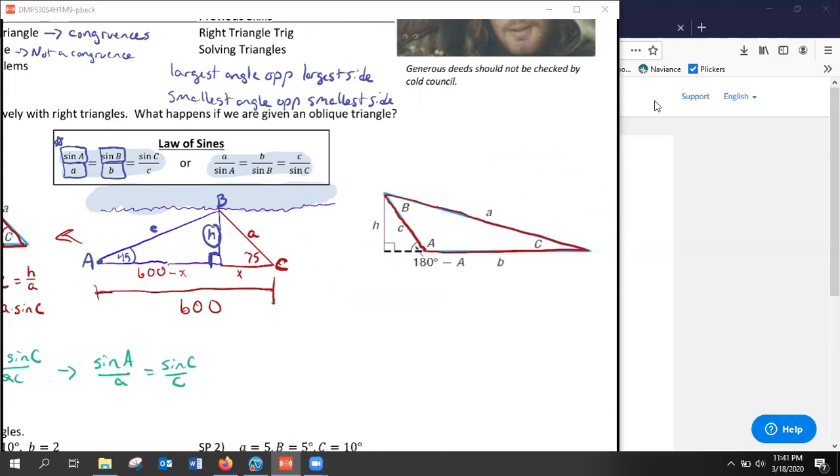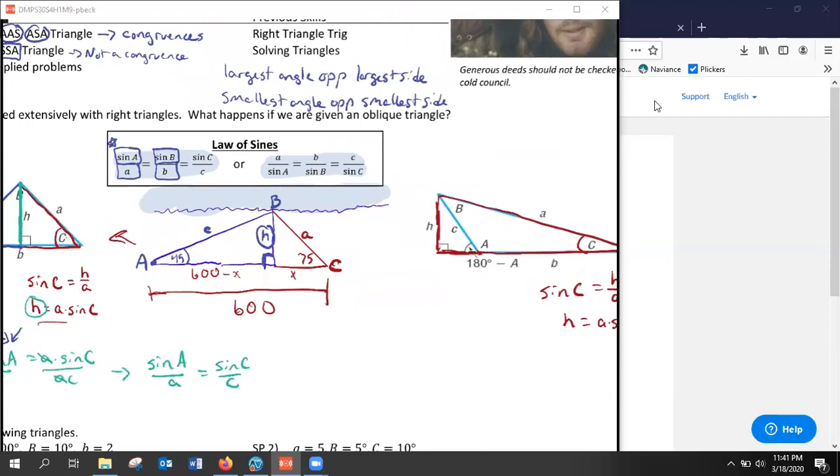And in retrospect, I should have drawn everything so that the blue one was on the right and the red was on the left. Okay, and the red triangle, if we want to look at it as a right triangle, is going to be this one. So we can once again say the sine of angle C is the opposite, H, over A. In solving that, we get H equals A times the sine of C, which I saw over here as well.